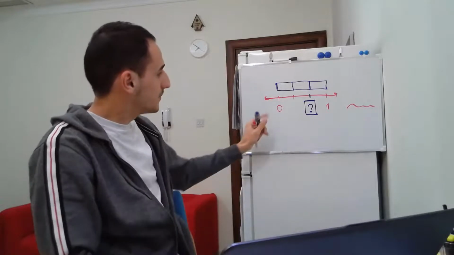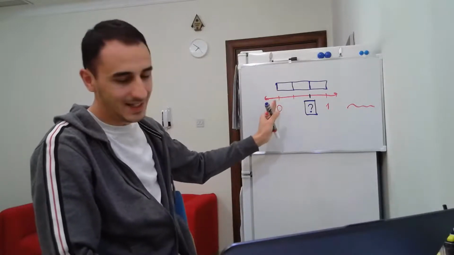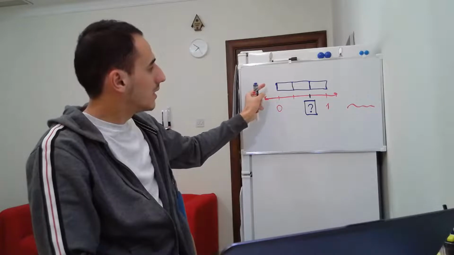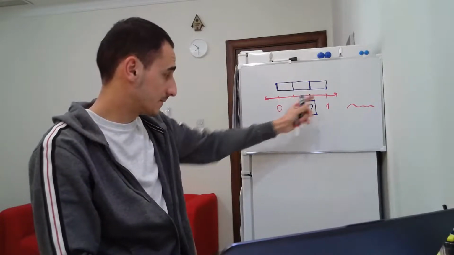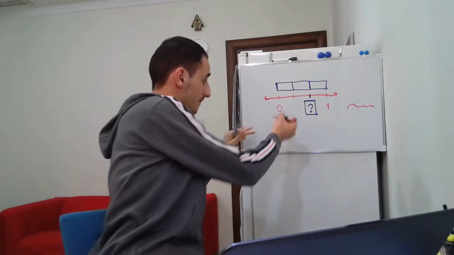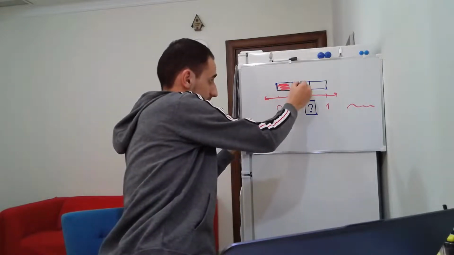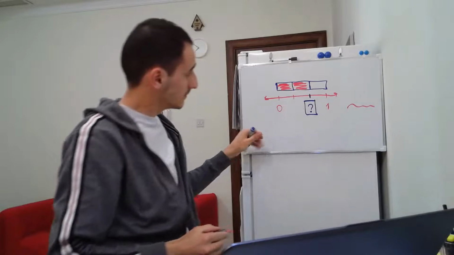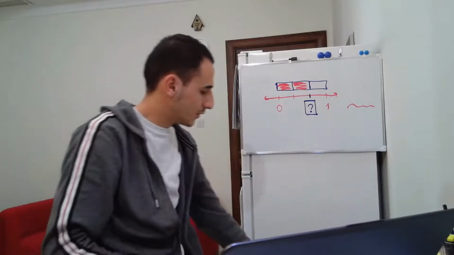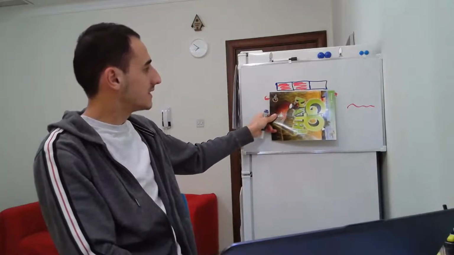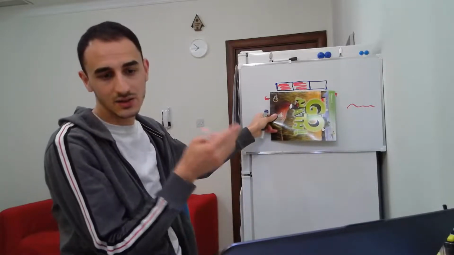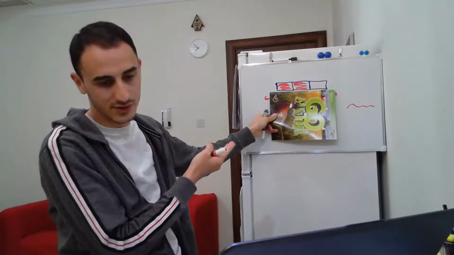Then you start from 0 and shade your horizontal bar till the indicator here. So this one, this one. If I ask you to forget about the number line and tell me what fraction this is, you will definitely say it is 2/3, right?